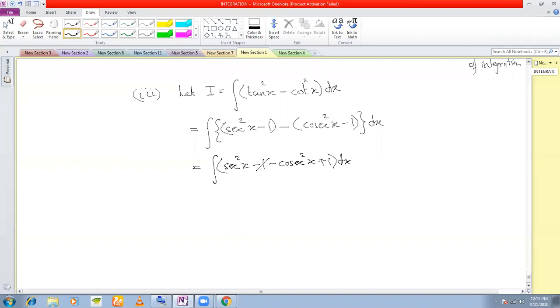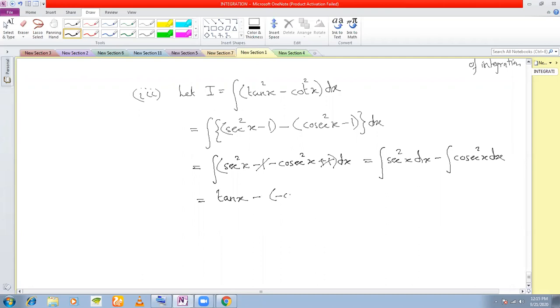So this minus 1 plus 1 cancels. You simply get integration sec square x dx minus integration cosec square x dx. What is the integration of sec square x? Standard formula, tan x. And what is the integration of cosec square x?